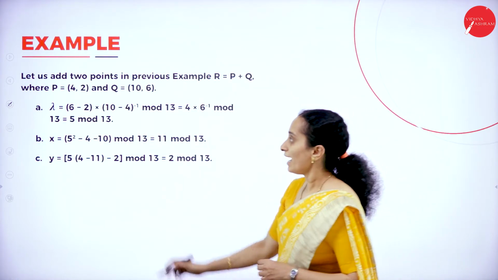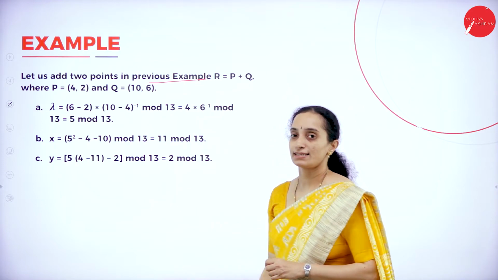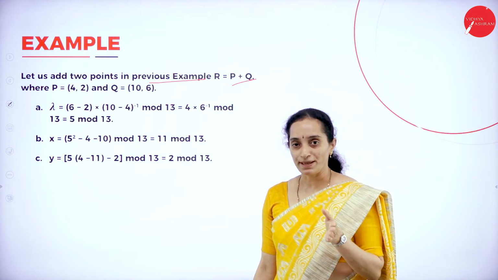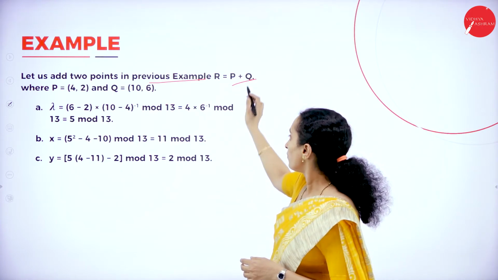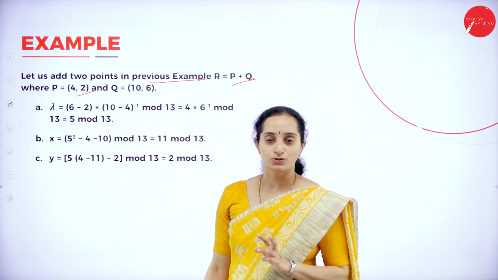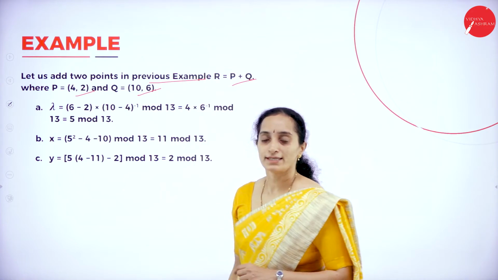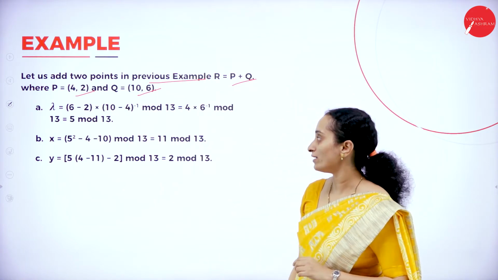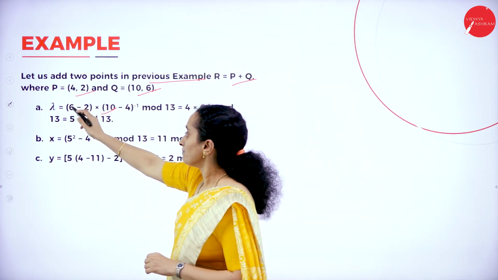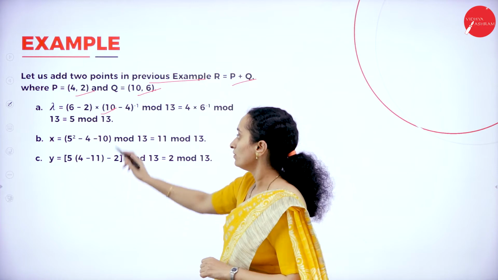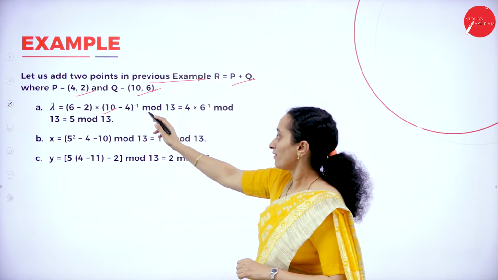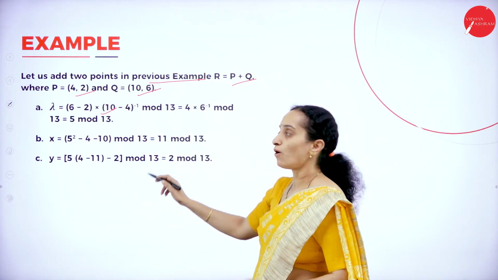Let us add two points from the previous example, R equals P plus Q. We had P; now we are adding another point Q, where P is equal to (4, 2) and Q is equal to (10, 6). We are adding the two values. We consider the expression lambda equals (6 minus 2) into (10 minus 4) to the power of minus 1, with mod 13.